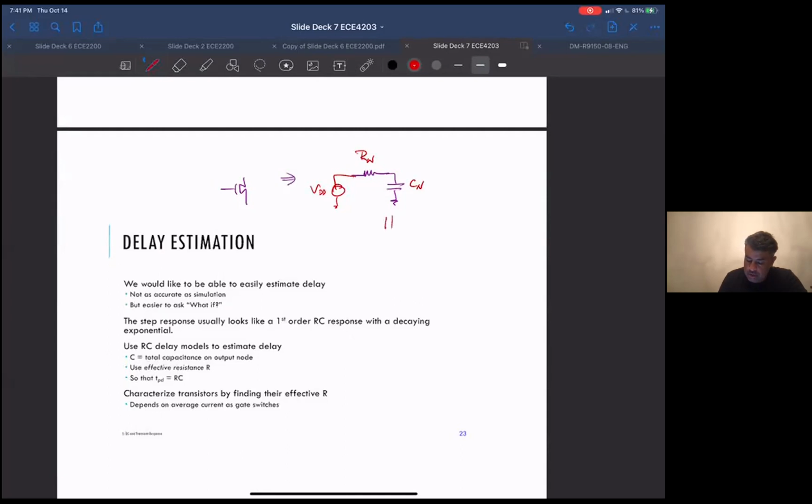The transfer function here is just an RC transfer function, which gives you V out is VDD times exponential of minus t over tau, with tau being Rn Cn. So just an RC sort of circuit.